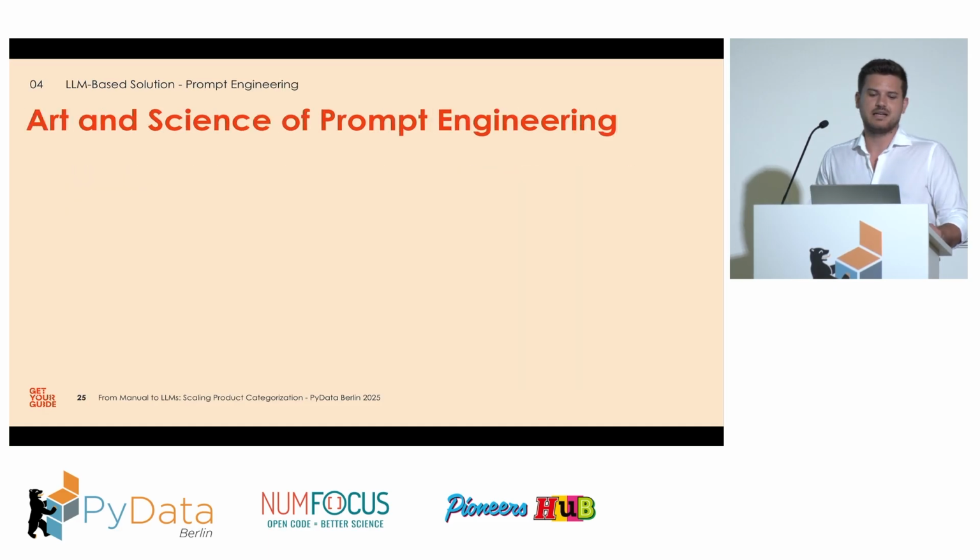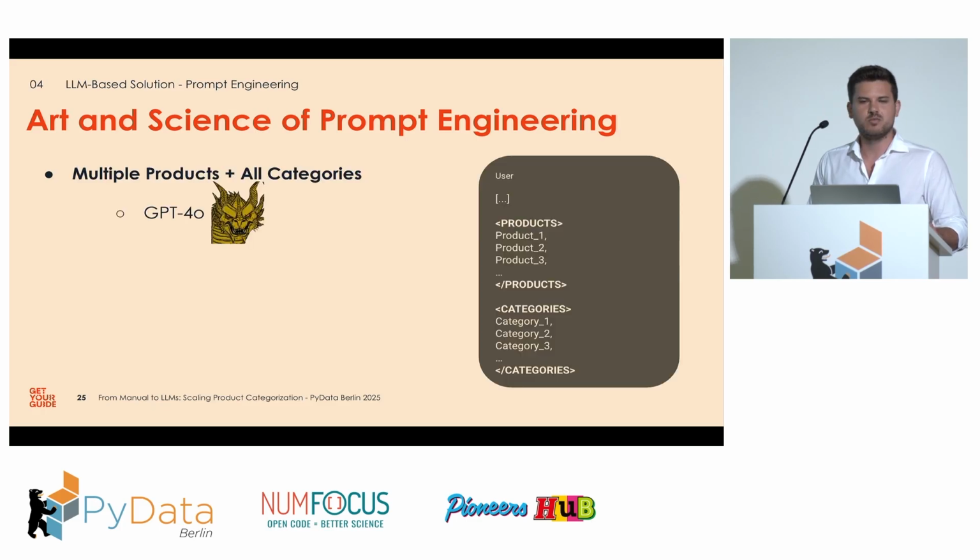So then let's start with the prompt engineering part. Now that we had a reliable output format, we thought, okay, let's try to maximize efficiency. Let's batch as much information as possible into a single request. So we started to add multiple products and all the categories at the same time, using the best performing model at that time, GPT-4o.